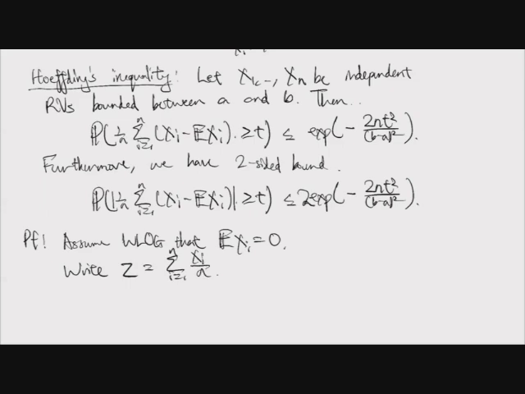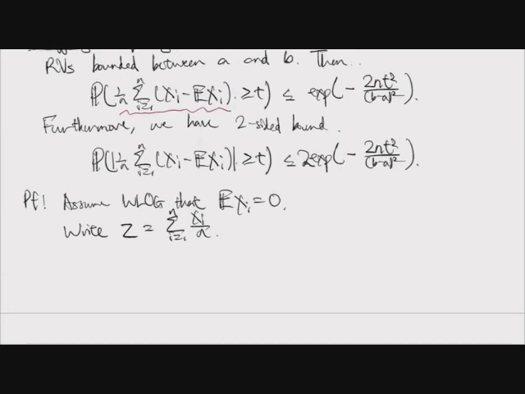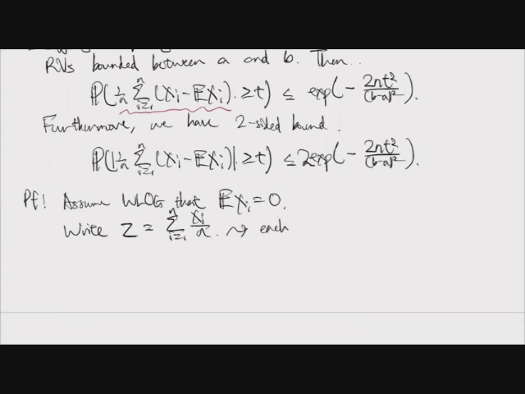This is now the term inside the probability here. It's the same thing, but the reason we wanted to write it this way is to make use of the previous two lemmas. The first thing we observe is that this term is bounded between a over n and b over n. This is going to come in useful later.